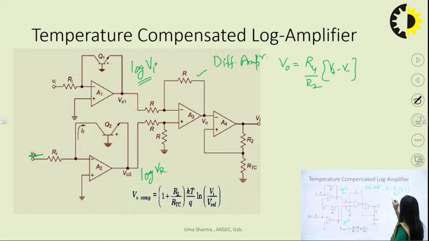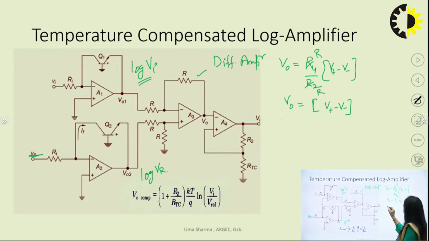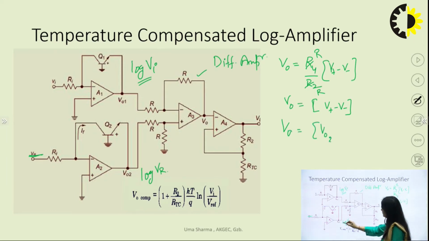So in our case, with R4 equal to R and R3 equal to R, V output is equal to V plus minus V minus. With the help of these two logarithmic amplifiers, I can write the expressions for VO1 and VO2. So this V output will become VO2 minus VO1.